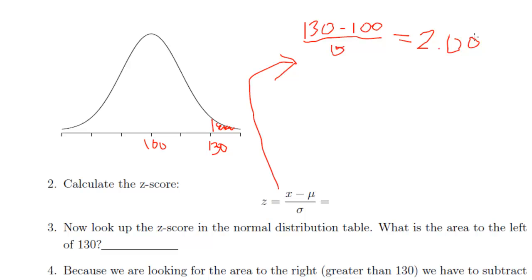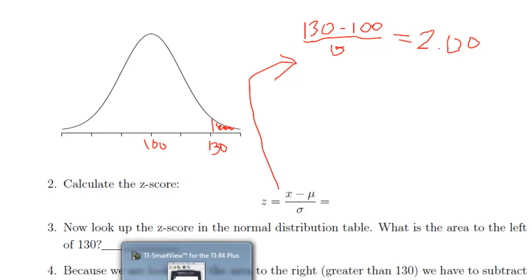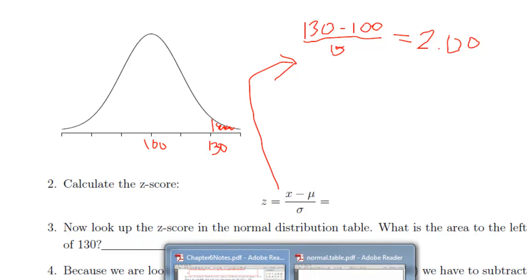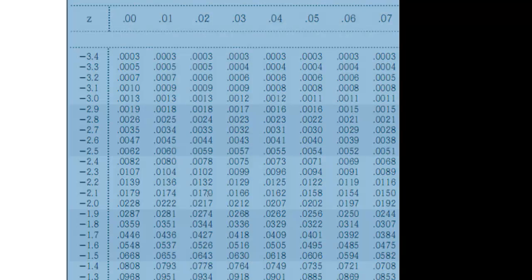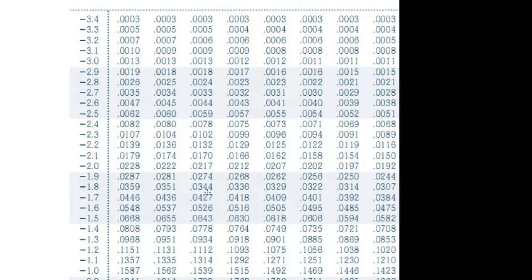Alrighty, so once I calculate a z-score, I'm going to use the normal distribution table to look up the area. The normal table, we have to remember, gives us the area to the left. So the z-score is represented by the first column and then also this top row.